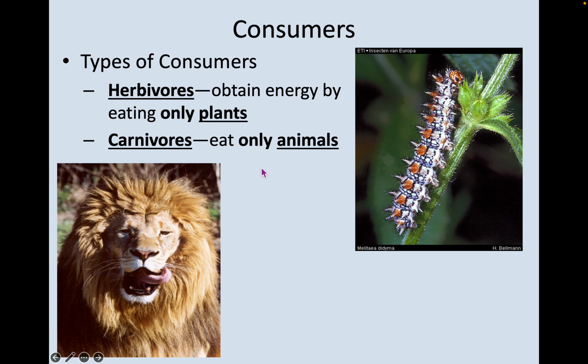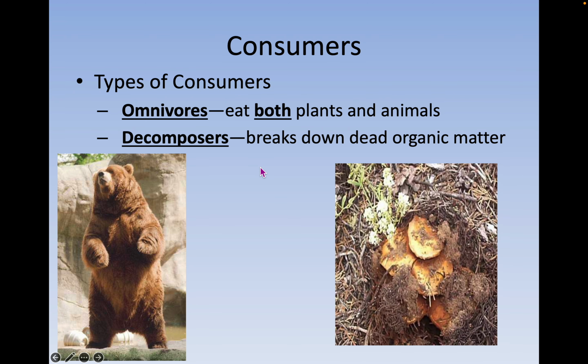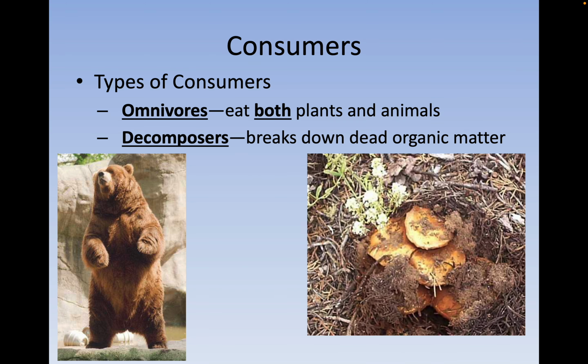Carnivores eat only animals. And omnivores eat both plants and animals. So a bear, for instance, could eat berries, but they could also eat fish. Decomposers, like this fungi over here, this mushroom, will break down dead organic matter, and that is why you will see mushrooms growing by dead trees, because they feed off of the dead matter.